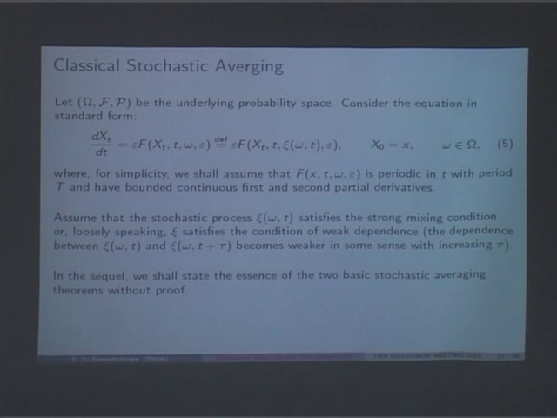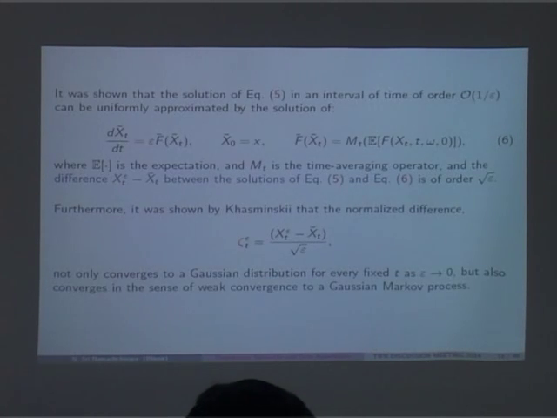So this is the first example of classical averaging. The question is, is it possible to reduce this to something simpler? It goes back to Bogolyubov and Mitropolsky in physics. Those of you who are from physics, this is the averaging theory of Bogolyubov and Mitropolsky, but in the stochastic context it was done by Khasminskii for the first time. So what Khasminskii's result tells you is, yes, here I have the expectation of the vector field.